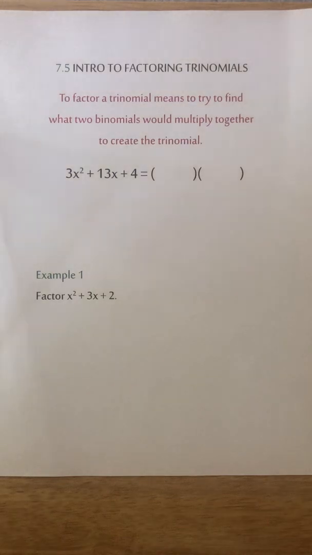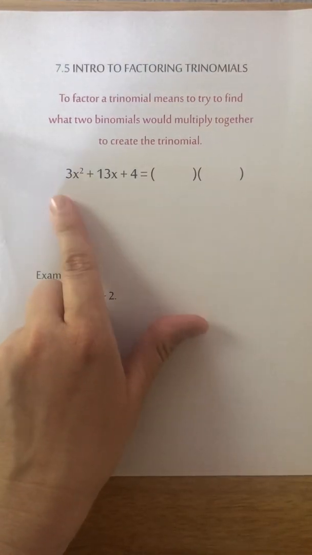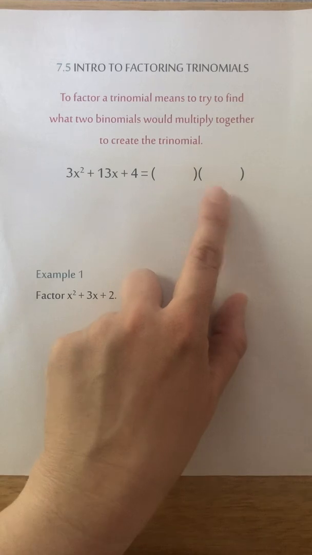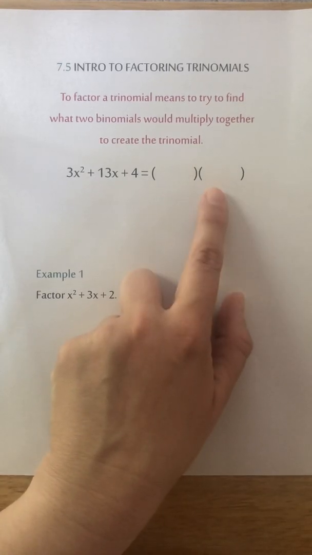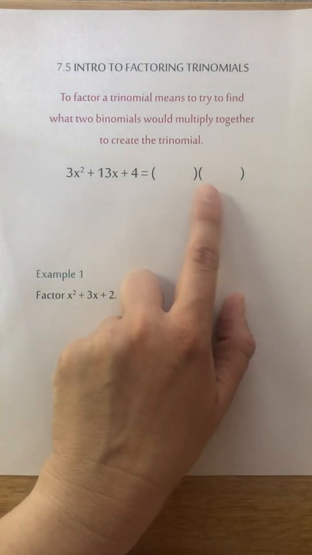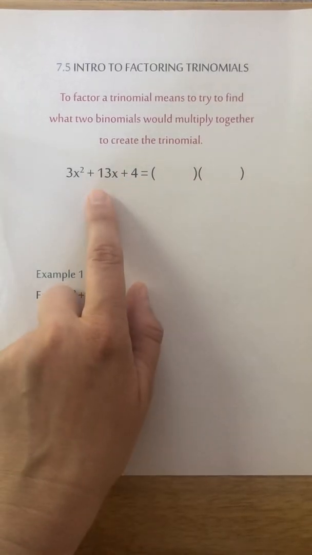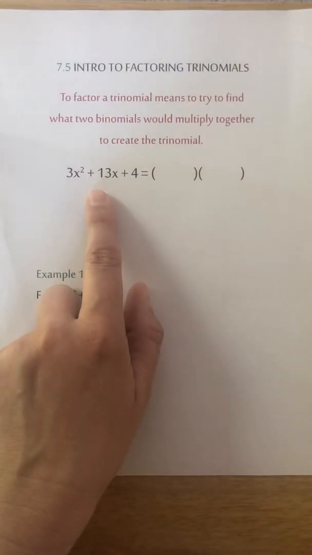Our goal today is we're going to be given a trinomial. Remember, trinomial means that you have three terms, and our goal is to figure out what two binomials, remember binomial means that you have two terms, would multiply together to get the trinomial that we have been given.